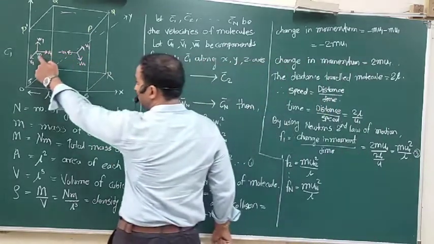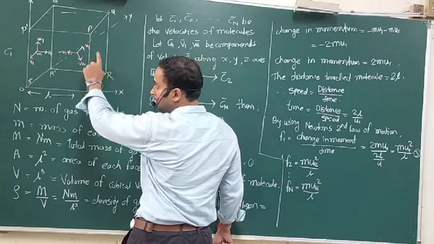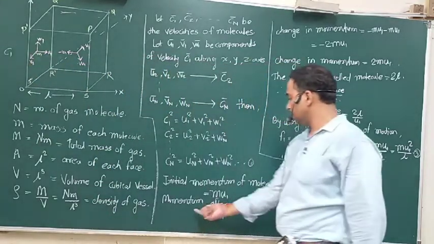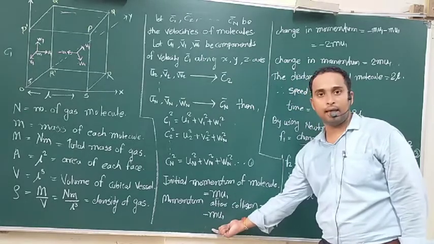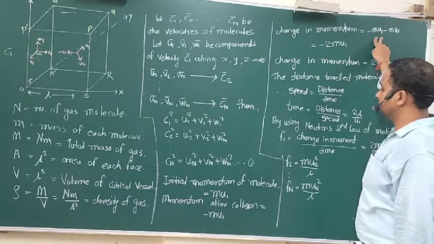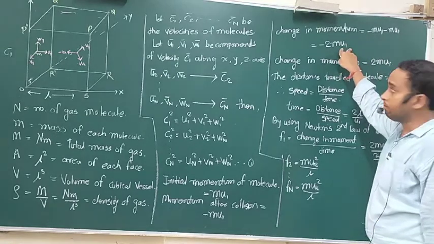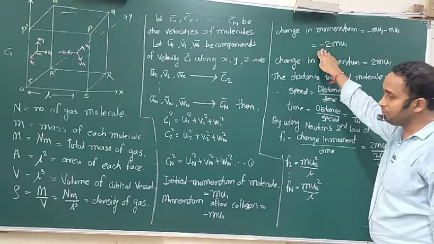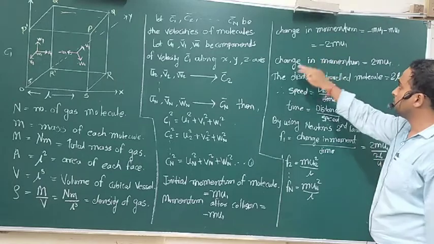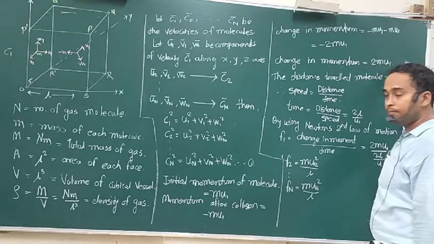When the molecule collides with the wall PQRS, it rebounds in the opposite direction, so the momentum after collision is minus mu1. The change in momentum, final minus initial, is minus 2 m u1. This negative sign indicates the loss of momentum. Momentum is conserved, so the change in momentum is equal to 2 m u1.